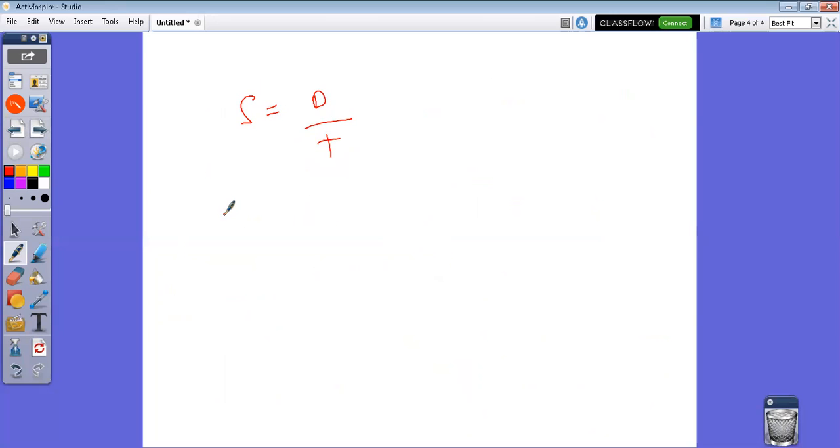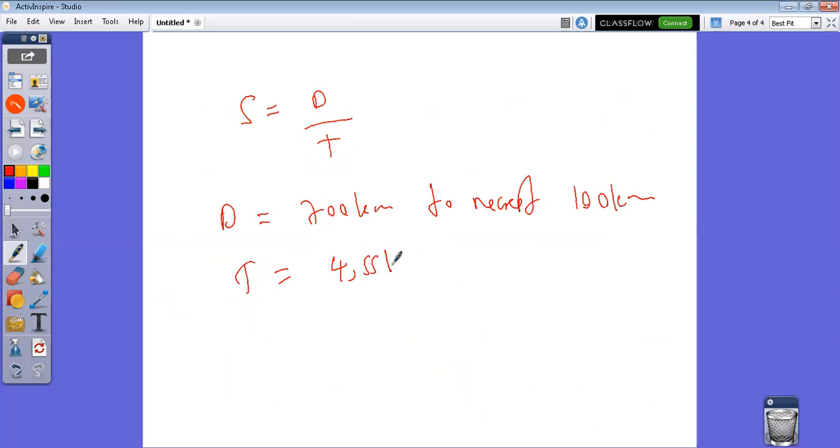So for example, if I'm told that the distance D is equal to 700 kilometers to the nearest 100 kilometers, then the time is equal to 4.55 hours to the nearest 2 decimal places. I hope you are writing this. Nearest 2 decimal places.